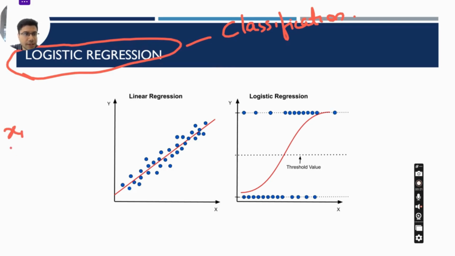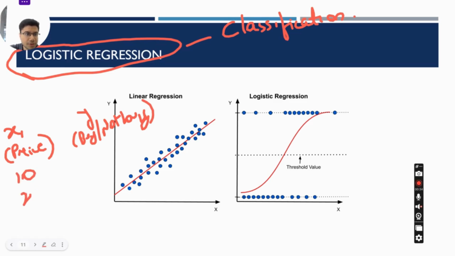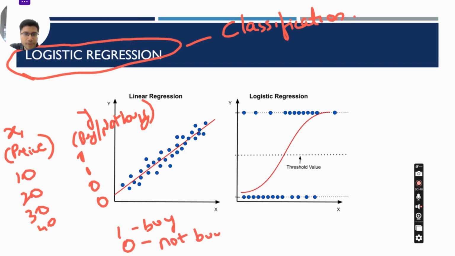Suppose we have a question where x is the price and y is the decision of buy or not buy. When the price is 10, 20, 30 and 40, the buyer's decision is yes, yes, no, no, where 1 means buy and 0 means not buy.